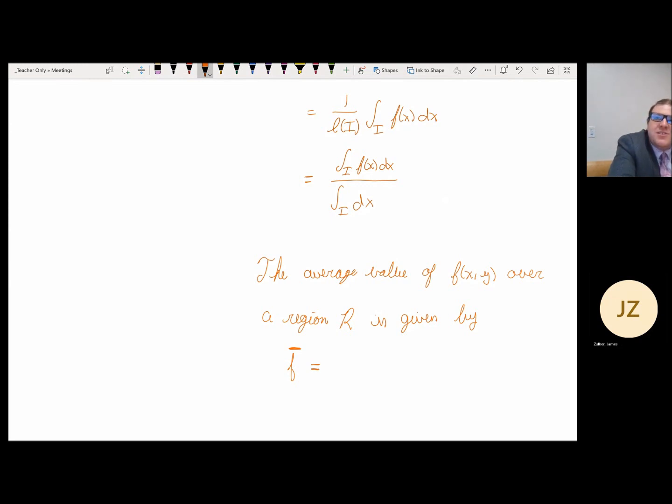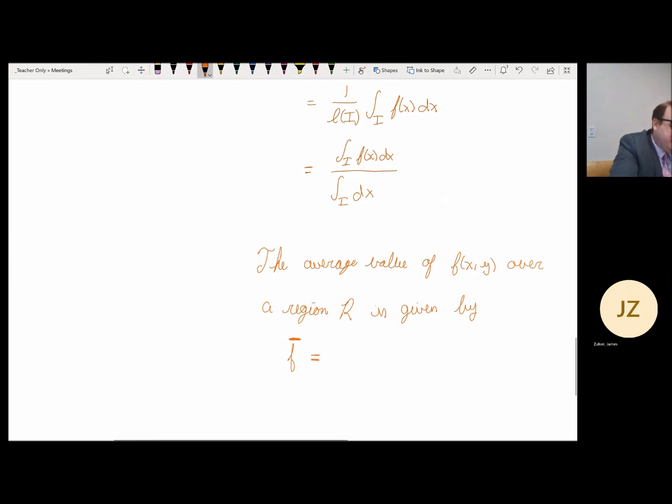So let's extend this to a two-variate function. Well, for a single variable it is 1 over the length of the interval times the integral over that interval of the function. What is the two-dimensional measure? Right, the one-dimensional measure is length.